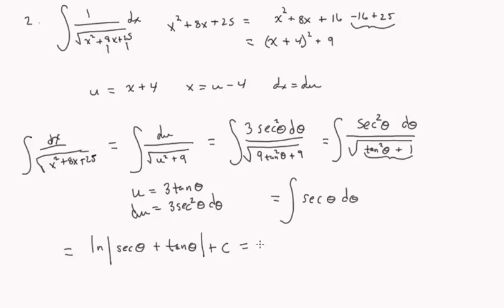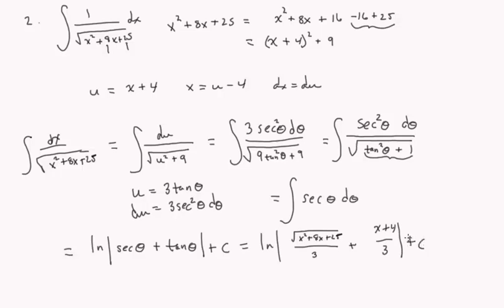So this is going to be natural log of the square root of x squared plus 8x plus 25 over 3 plus x plus 4 over 3 plus c.